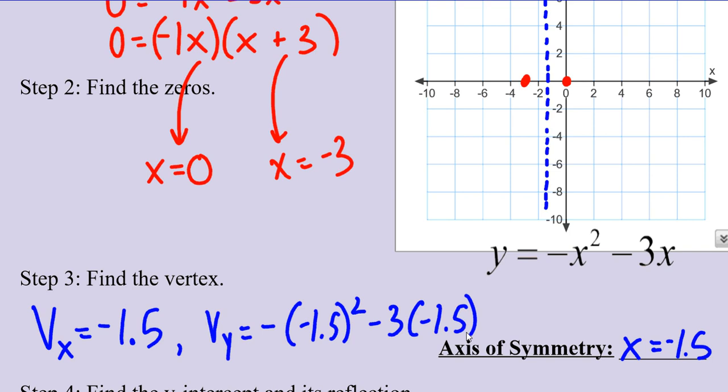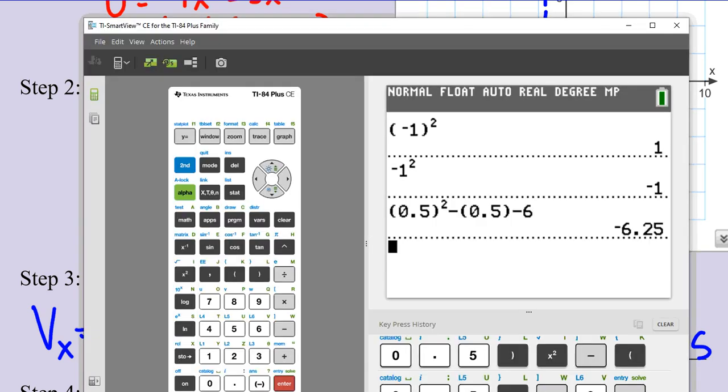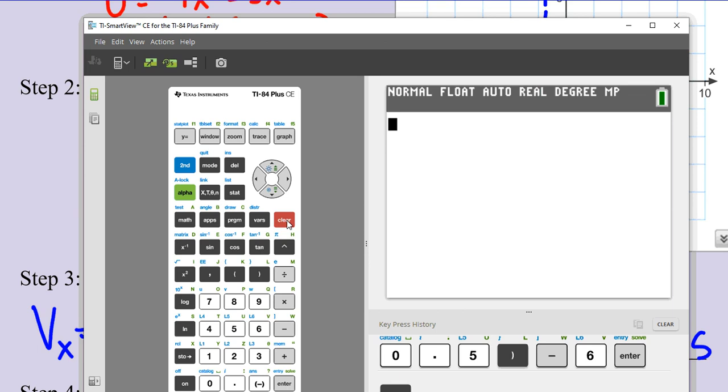Lots of negatives. I'm actually going to show you a nice little feature on the graphing calculator if you have one. You can store a variable. So I'm going to save -1.5 as my x. You type in -1.5, you hit STO, which stands for store, then you hit this x variable button right here, and then you hit enter.